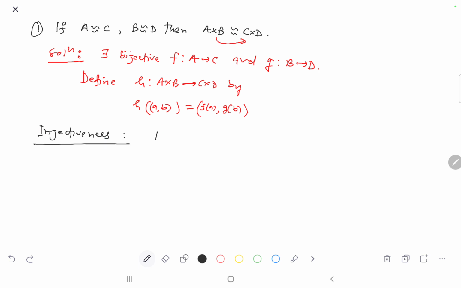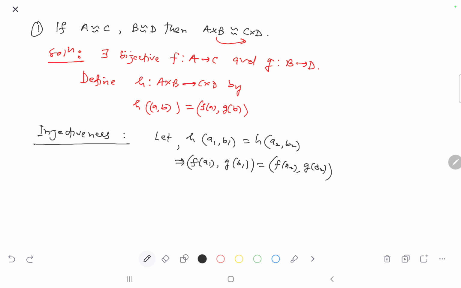Let h of (a1, b1) equal h of (a2, b2). This implies (f of a1, g of b1) equals (f of a2, g of b2). Two ordered pairs are equal means every component is equal, so f of a1 equals f of a2 and g of b1 equals g of b2.